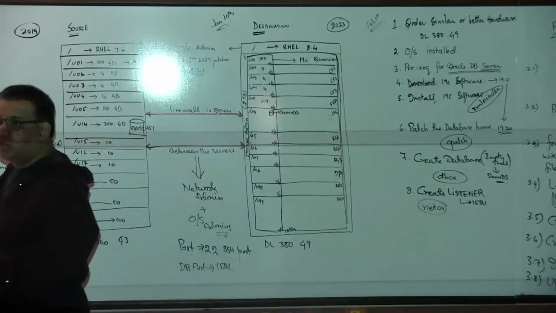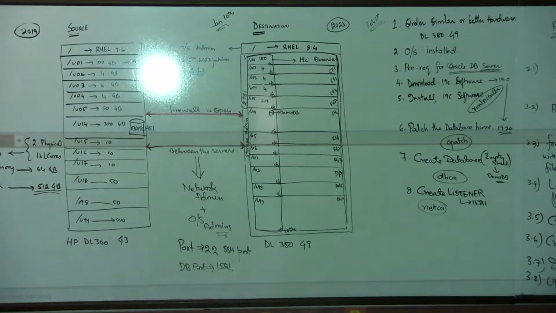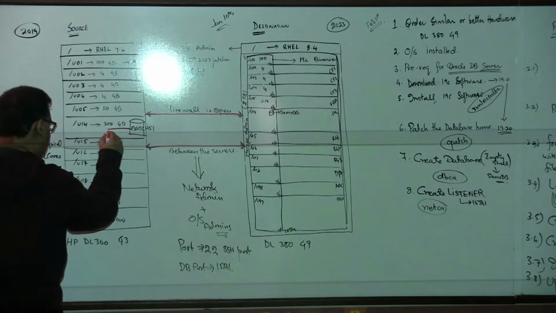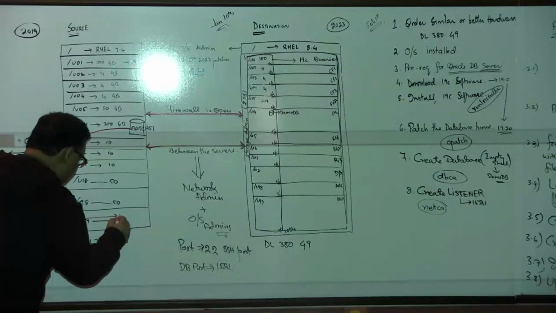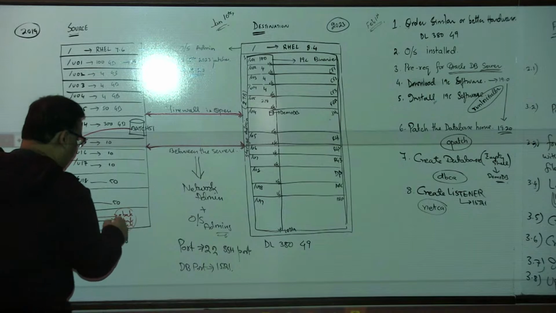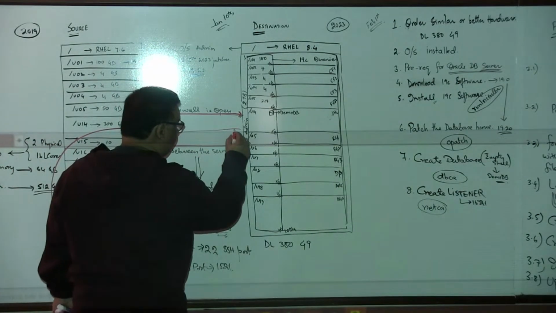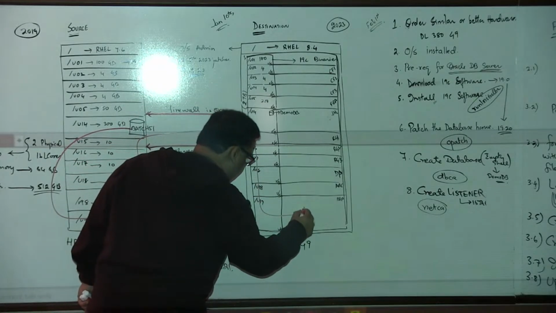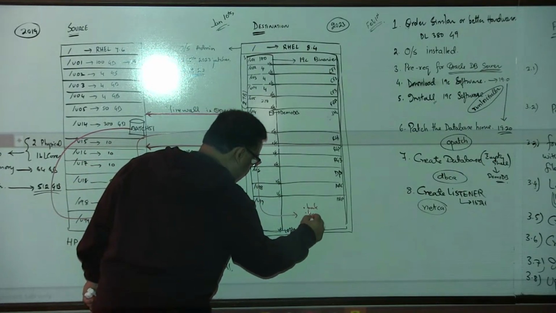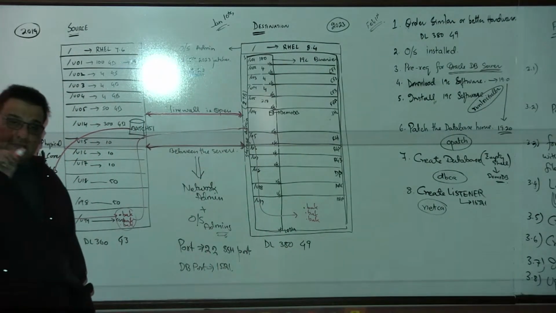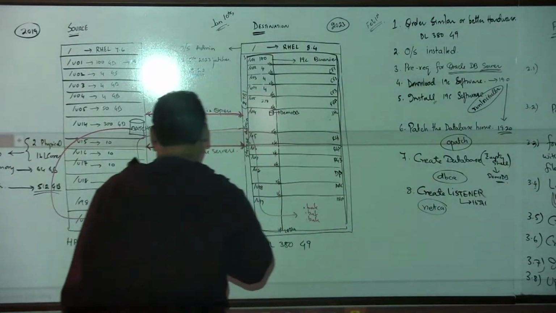What is the next thing you want? Take the backup. Yeah, so now at this point, I'm going to take a backup here, .bak files. All these backup files are getting transferred from here to the U99 server.